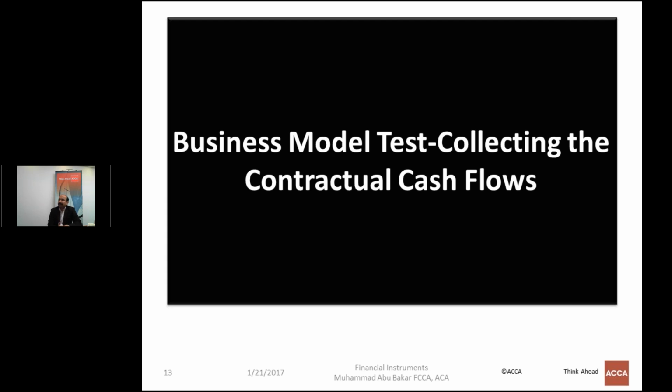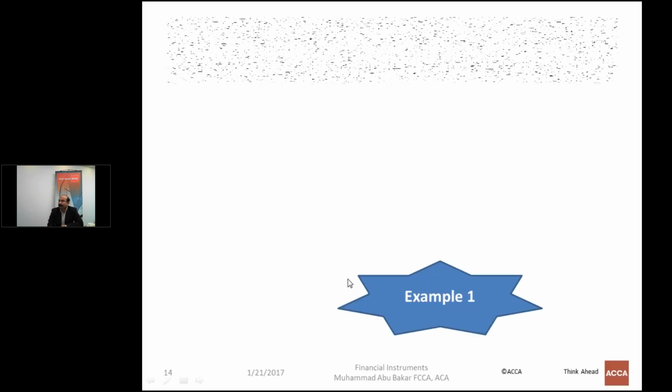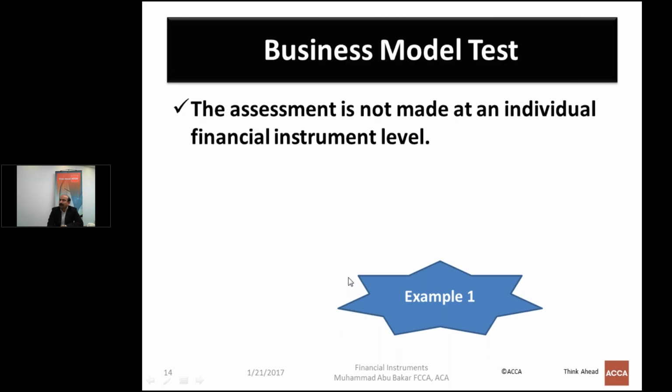We learned the business model test, collecting the contractual cash flows. What does it mean? When you are assessing the business model test, it should not be assessed at an individual financial instrument level.